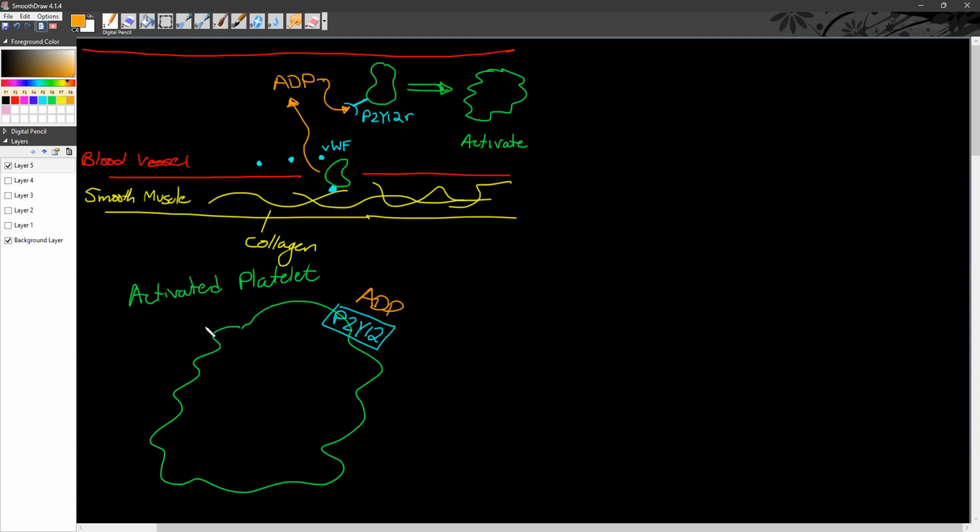P2Y12 is a GQ linked receptor, I should say, which is going to go through all the different stages that we've talked about, where it's going to go through PLC, which is going to create PIP2 and DAG. So we have IP3 and we have DAG.